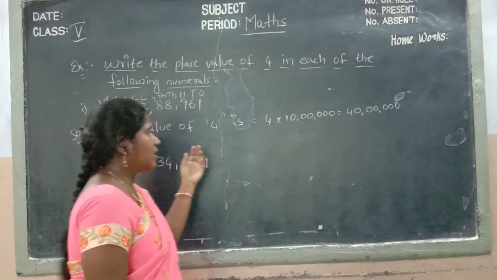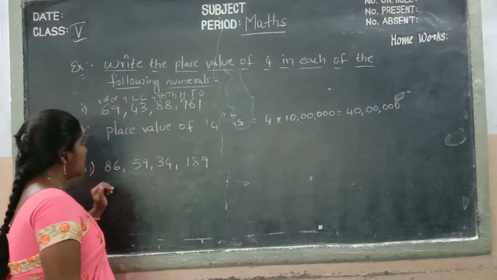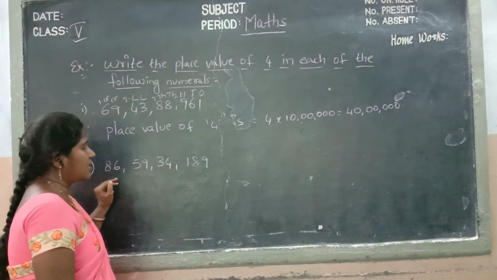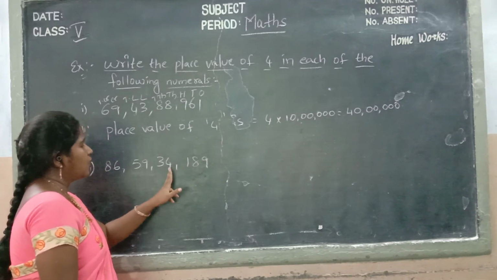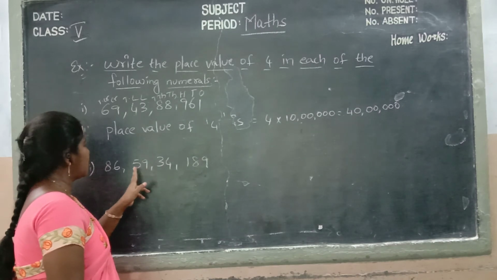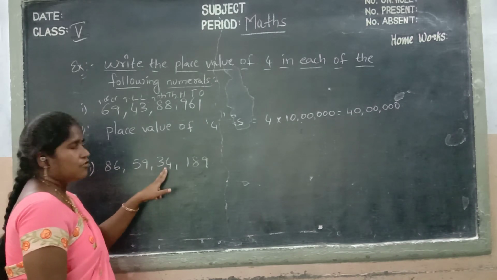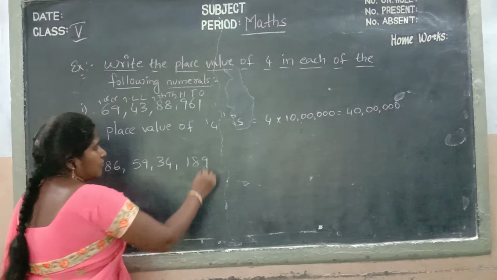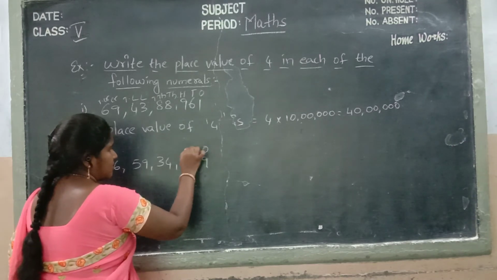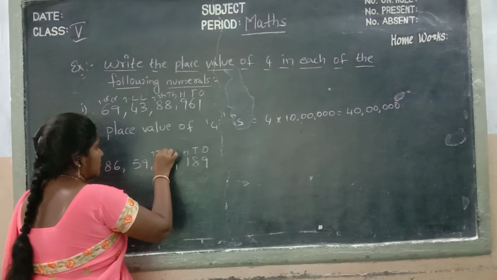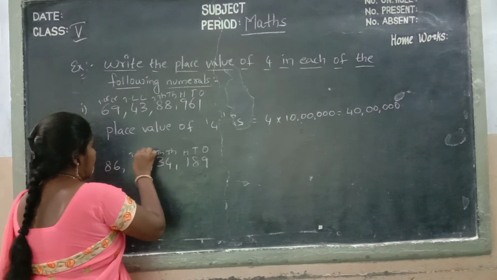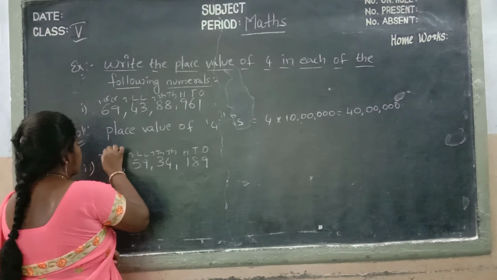Okay children, 40 lakhs. And next, in the given number, how many digits are there here? 9. 1, 2, 3, 4, 5, 6, 7, 8, 9. So we have 4 here. Place values, children: ones, tens, hundreds, thousands, 10,000s, lakhs, 10 lakhs, crores and 10 crores.